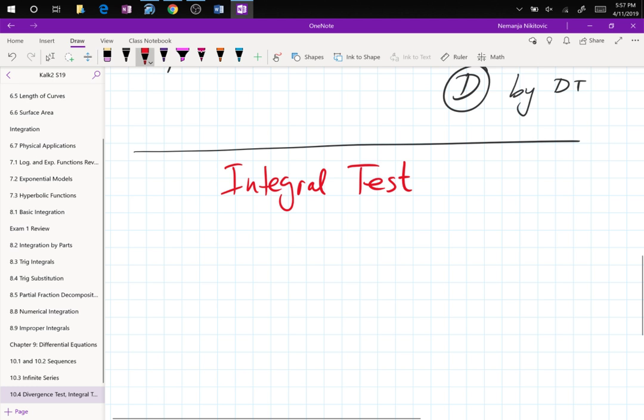Before you get to do the integral test, you have to write these 3 proofs, and when these 3 proofs pass, then you get to transfer your discrete function f of n, like 1 over n, into a continuous function f of x, and then you can integrate. And guess which integral is in question? Of course, it's the type 1 improper integral, and you can have any integration technique within. So this can drag out for a very, very long time.